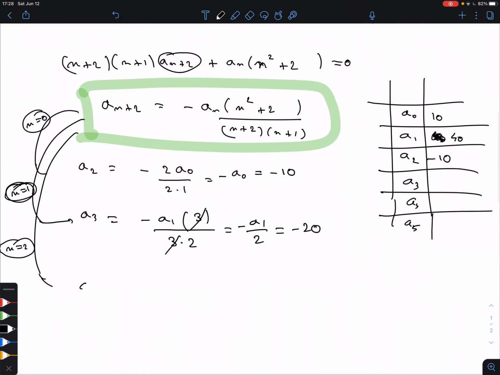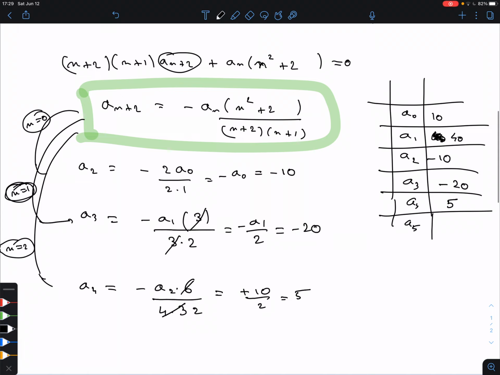For n equals 2, A4, so now we plug in n equals 2, right? So minus A2, then we get 4 plus 2, 6, on top, and in the bottom I get 4 times 3. The 6 with the 4 times 3 cancels, leaving 2. And so minus A2, that is minus 10, so plus 10 divided by 2, I get 5. A4 is 5.